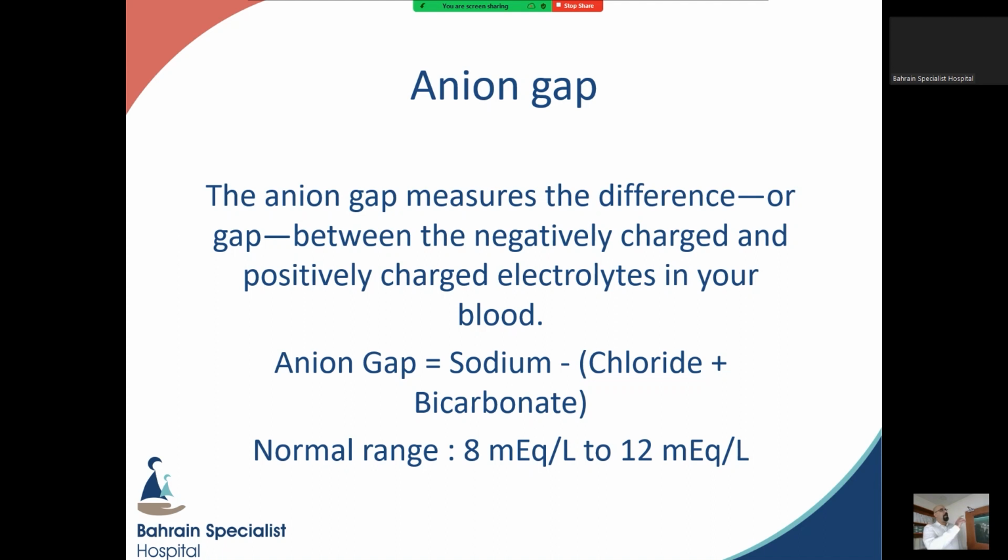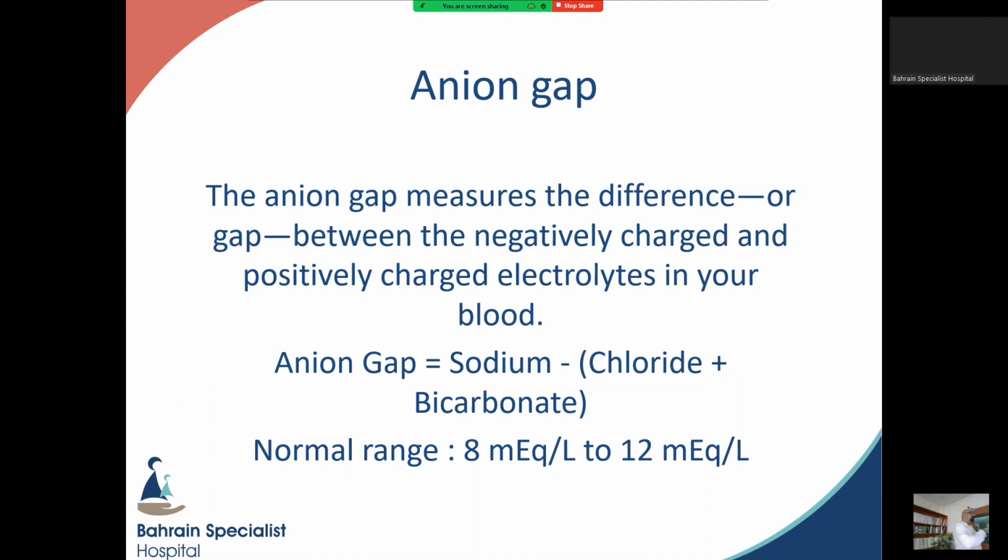I will talk about the anion gap fast because it's also a very important thing in the ABG. The anion gap requires a separate lecture, but in brief, what is the anion gap? The anion gap measures the difference, or gap, between the negatively charged and positively charged electrolytes in your body, and keeping this difference is vital for our body.